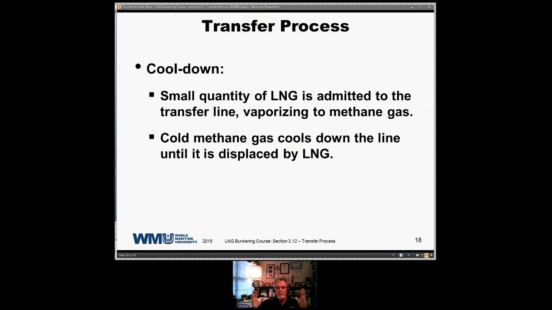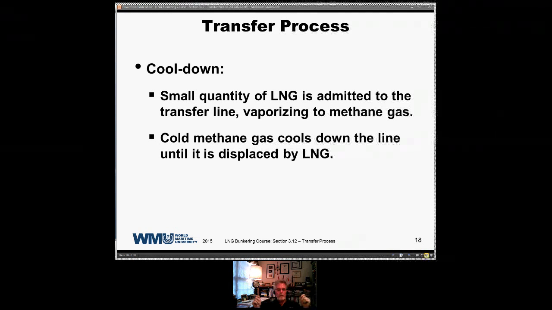But you now have this loading arm, or a hose, that's still at ambient temperature. If we're down in Singapore, this is at plus 33, 35 degrees centigrade. Before we can do the transfer, we have to bring that pipeline or that hose down to at least minus 130 degrees centigrade before we can enter liquid.